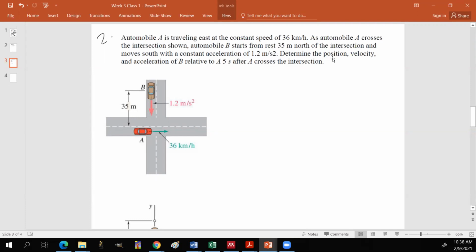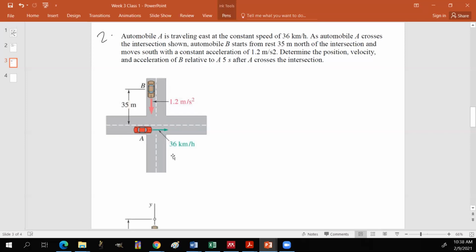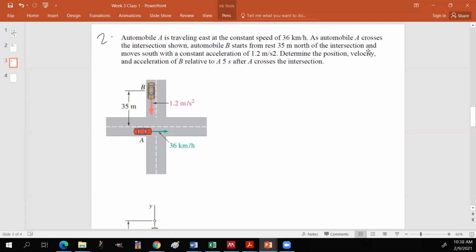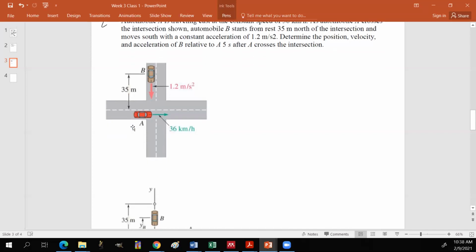So you're asked to find the position, velocity, and acceleration of B relative to A 5 seconds after A crosses the intersection. So after A has traveled 5 seconds to the right, you're asked to find the position, velocity, and acceleration of B relative to A after that, right?